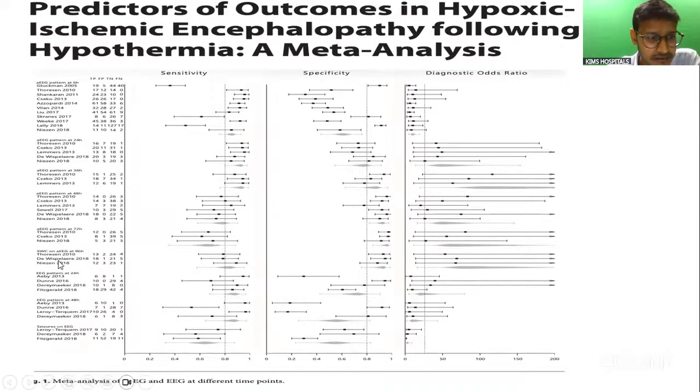And also, presence of sleep-wake cycle at 96 hours on amplitude EEG had a very good diagnostic ability to predict neurodevelopmental outcome.